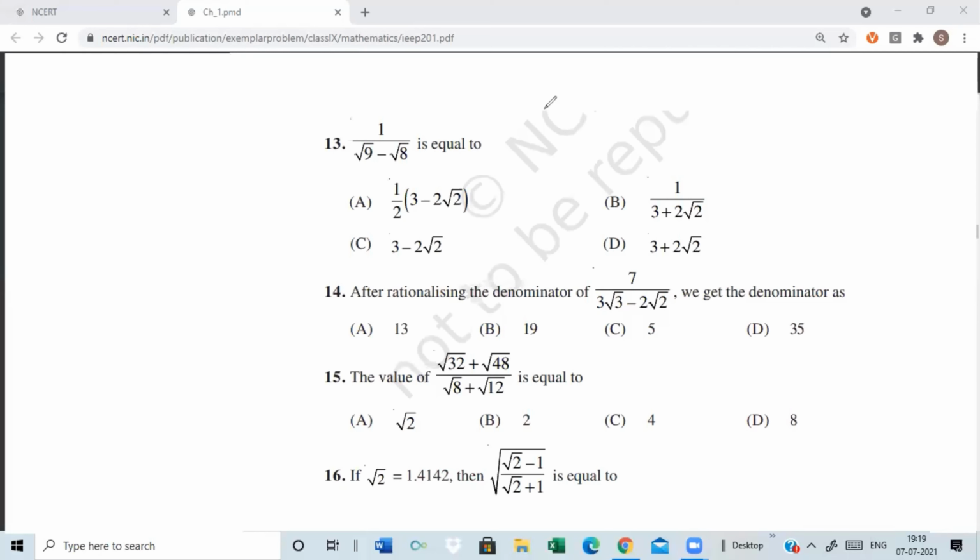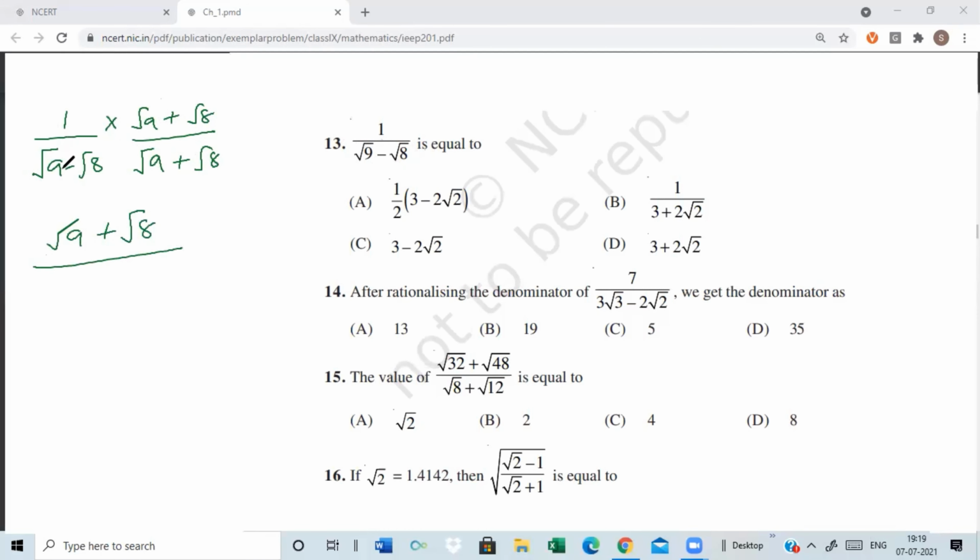Now we go to question number 13. Here also we have to rationalize it. As we know, we multiply and divide by its conjugate, which is root 9 plus root 8. The numerator is the same because it's being multiplied by 1 only.